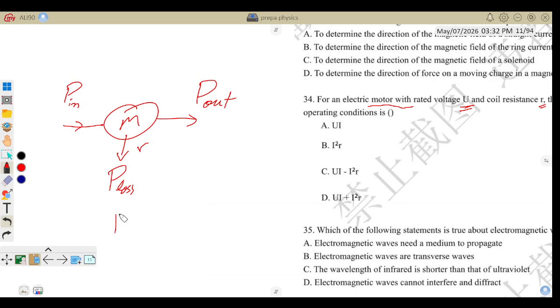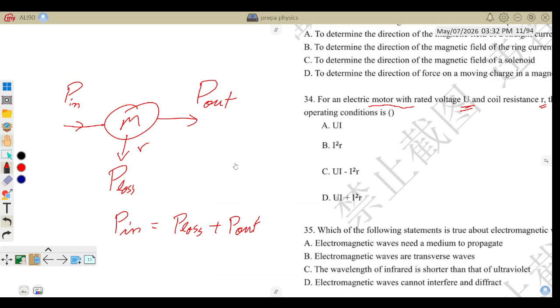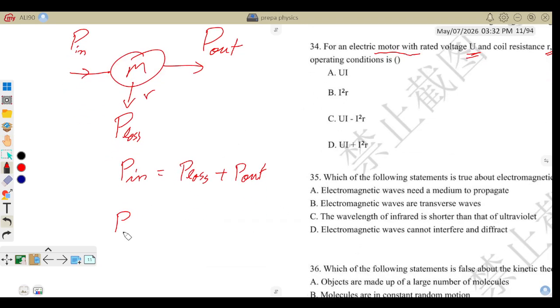So we can write mathematically that P in will be equal to P loss plus P out. The question is about P out as the kinetic power here. That would be P in minus P loss. For P in, it's the voltage times the current flowing through the motor.